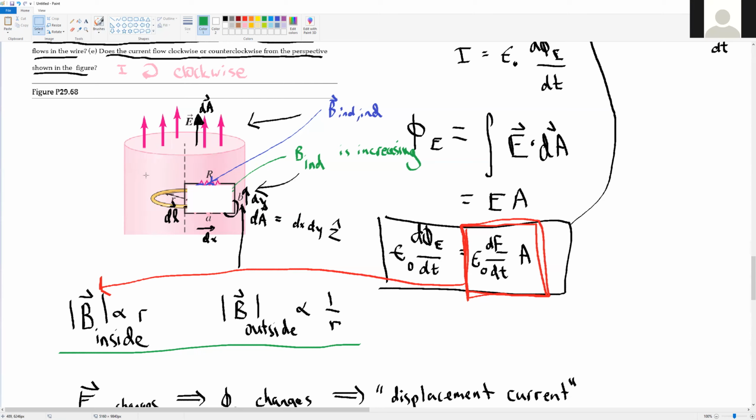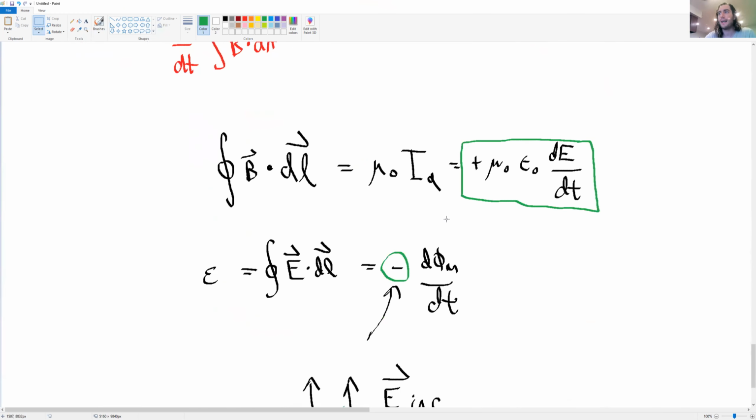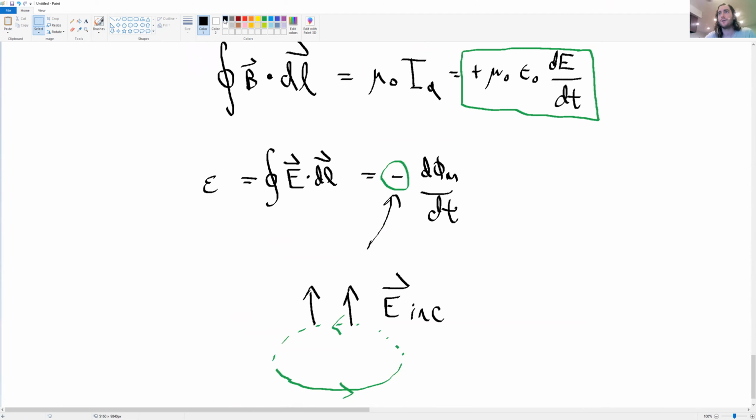Okay. Any other questions? So again, to reiterate, this question hinges on the fact that there is no minus sign in Ampere's law. So when we go to apply the right-hand rule for the induced magnetic field due to the time-changing electric field, this part right here, sorry, is a mistake.